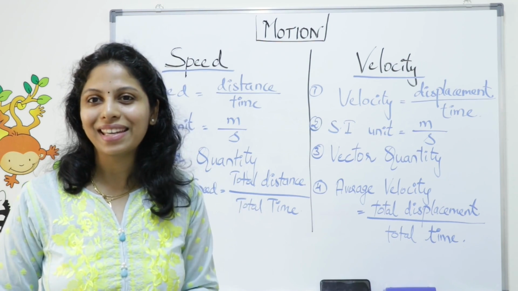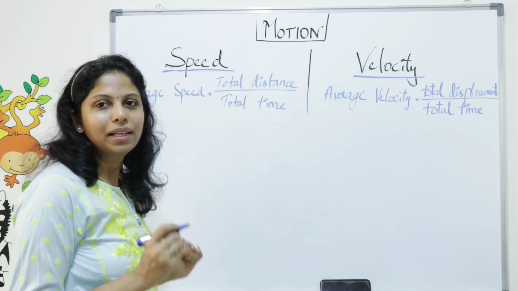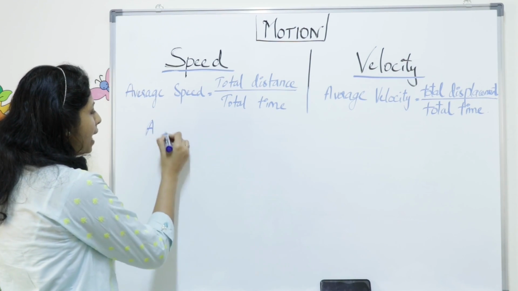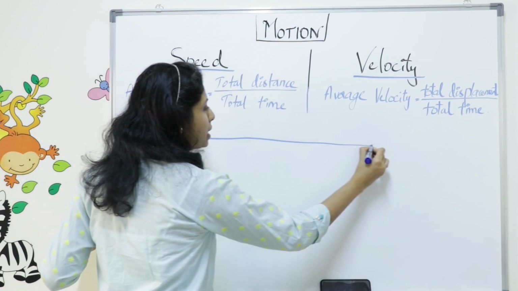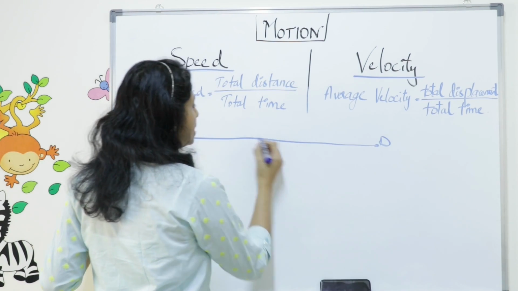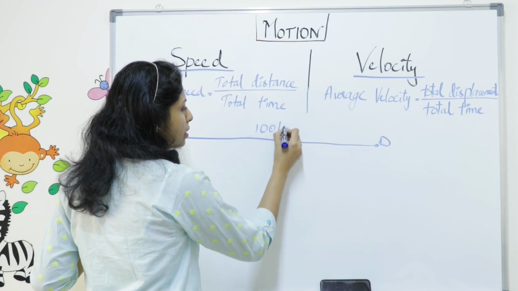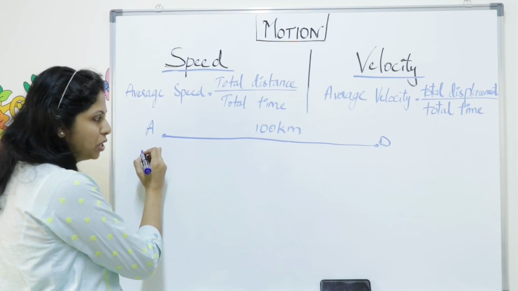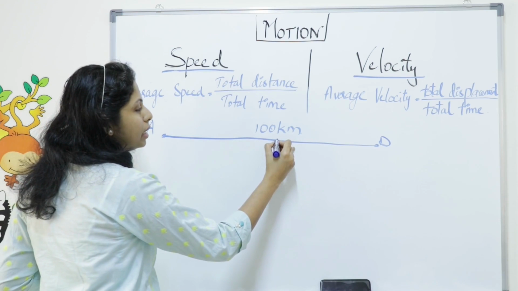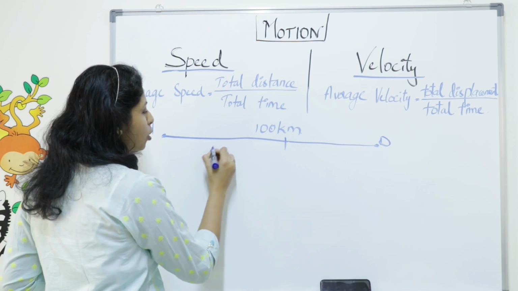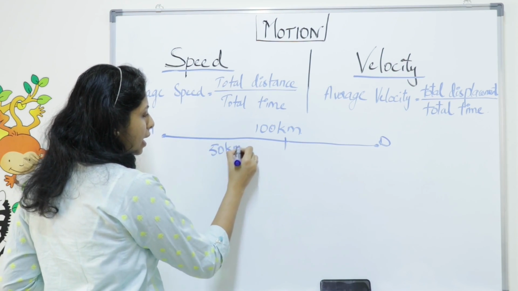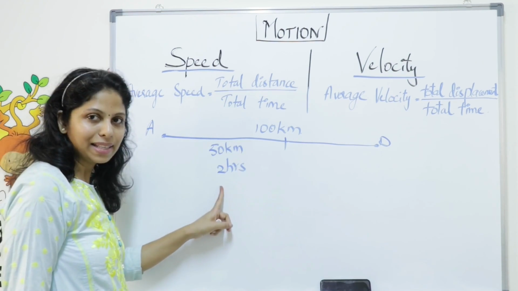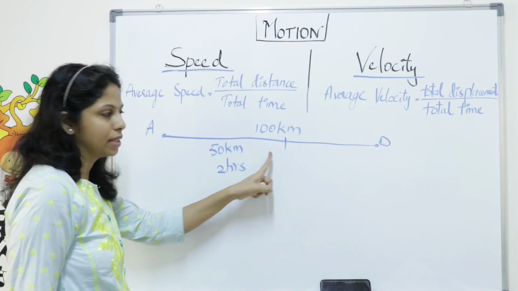So let us see in detail. Let's see an example. Let us take an object that travels from a point A to a point D, which is 100 kilometers. From the initial point, it travels a distance of 50 kilometers in 2 hours. That is, it takes 2 hours to cover 50 kilometers.